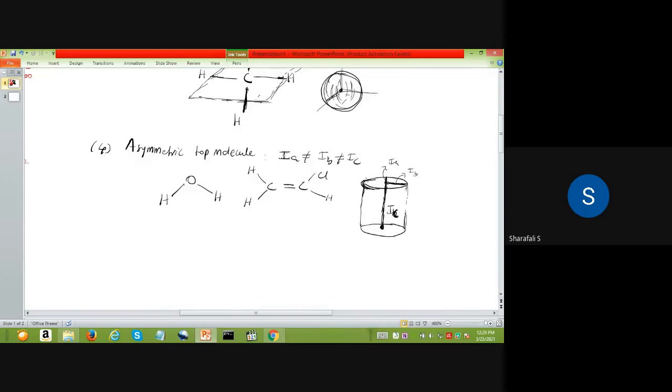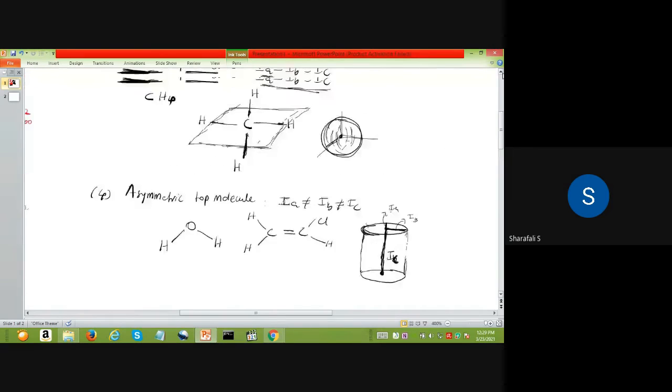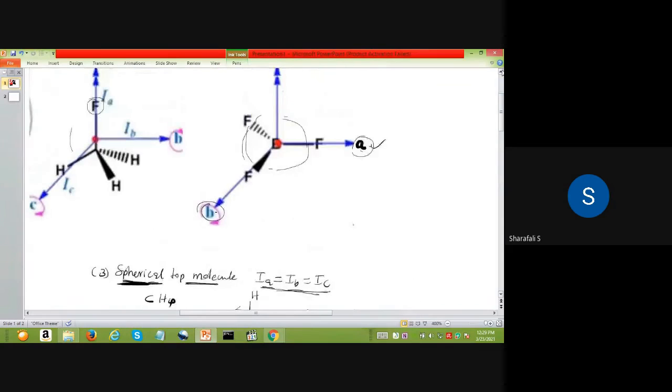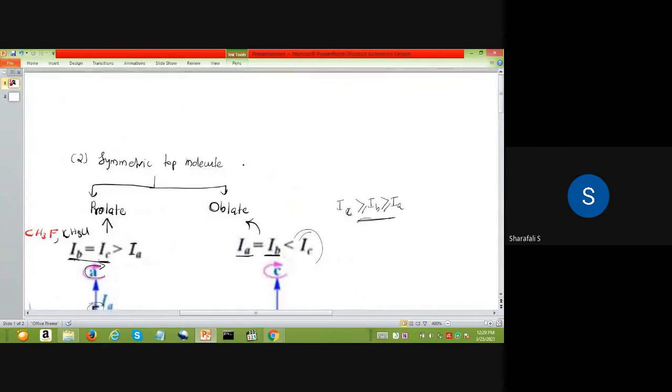So since this is an ellipse, IA will not be equal to IB, and this too will not be equal to IC, because this is cylindrical. As we can see from this figure, IC is not equal to IB. Similarly, this symmetric top also you can represent with a cylinder having a circular face.